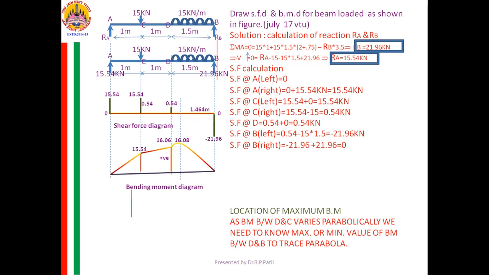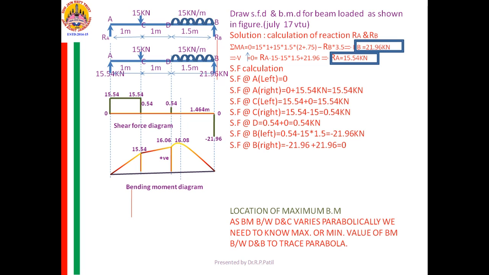Therefore, in that part, SF is constant. Constant means, y is equal to c. If you have been asked to draw a line, how you are drawing it? That line will be parallel to x-axis. Simply you join it by means of a straight line like this. Yes.